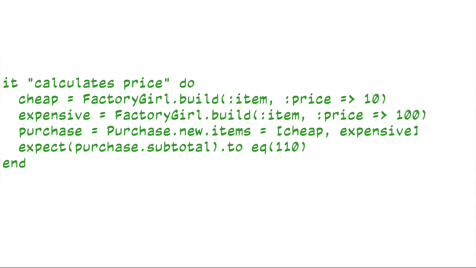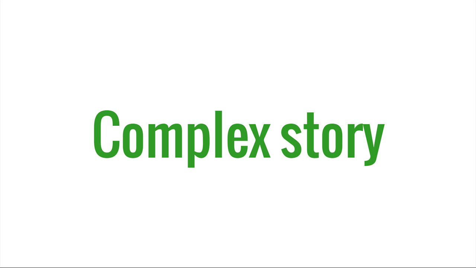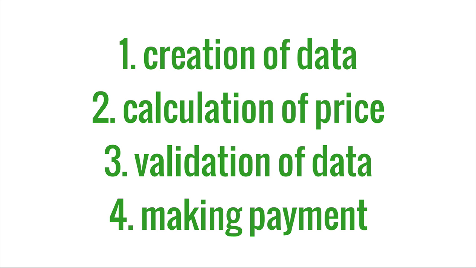That works really well when you have a very algorithmic feature. If you have something more like a purchase that is a complex story made up of a number of different parts, then what you want to try and do is break that story down into individual pieces that are more algorithmic, are more amenable to quick happy path kind of testing. And in the case of this purchase, things might be the creation of data, which we kind of already saw with the creation of form data, calculation of price, the thing that we just looked at.